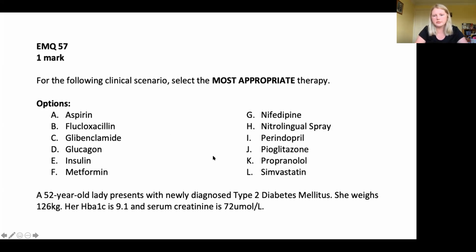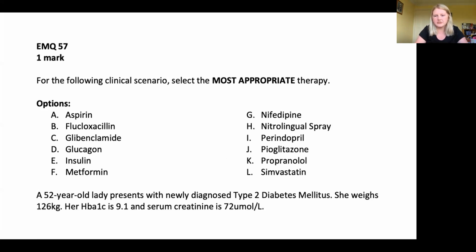In terms of other options that I was given in the little chat, included perindopril, which is a valid point in terms of our secondary prevention of cardiovascular disease in a patient with diabetes. However, we don't have any information at this point to suggest that she is hypertensive. And so we can't really say that that's the most appropriate at this stage.